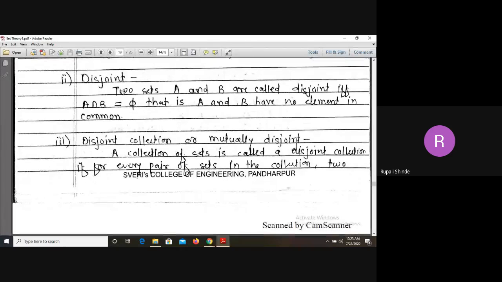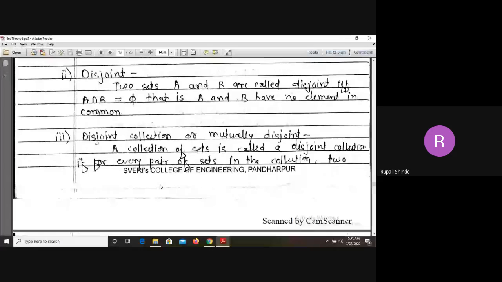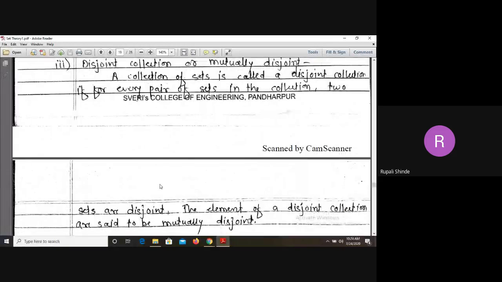Next one is for disjoint collection. So definition for disjoint collection: a collection of sets is called a disjoint collection if for every pair of sets in the collection, the two sets are disjoint.